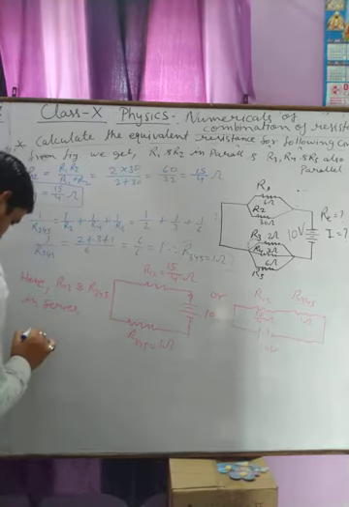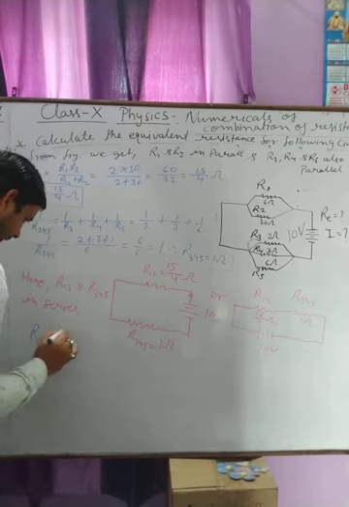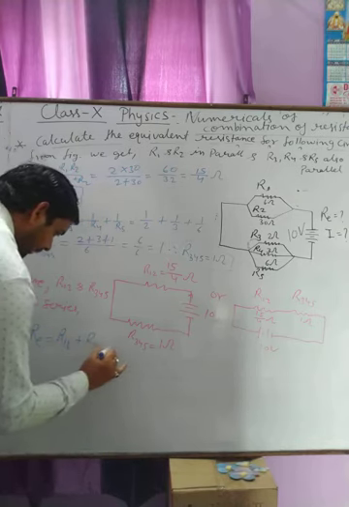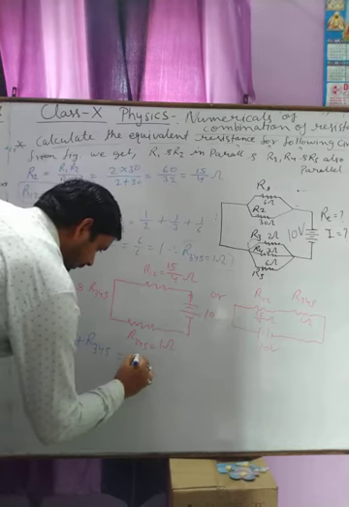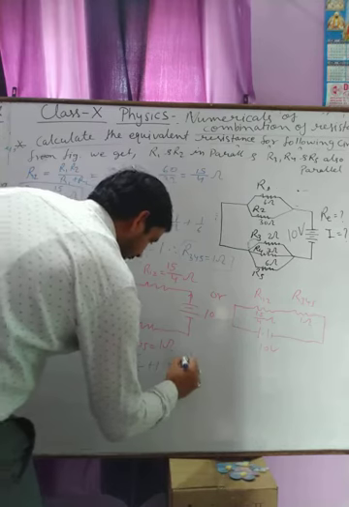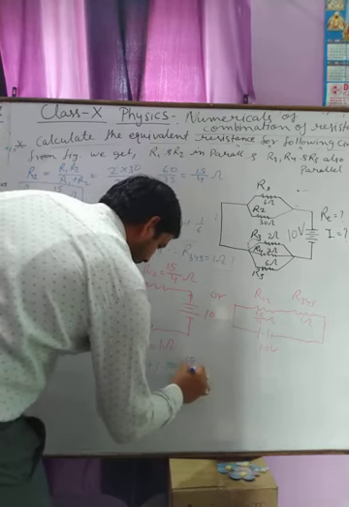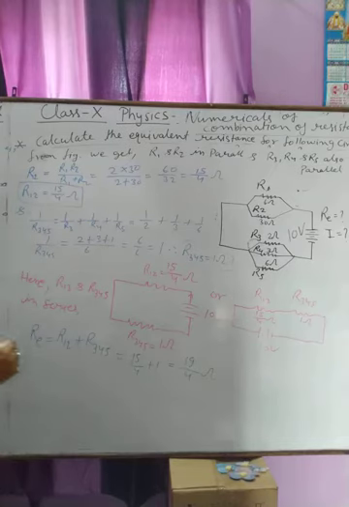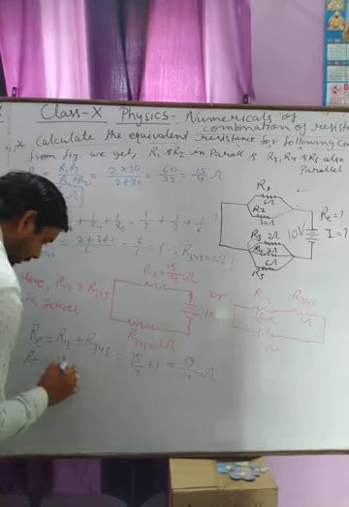Now we solve this. R equivalent is equal to R12 plus R345, that is 15 by 4 plus 1. On solving we get 19 by 4 ohm. This is R equivalent. Okay.